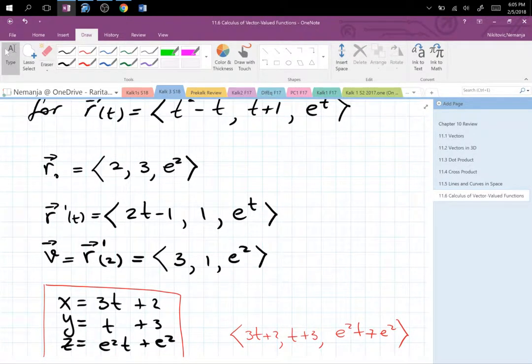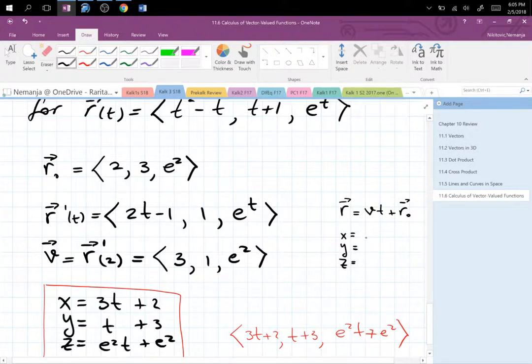So the vector formula for the line is r equals vt plus r0, right? So this would be your x, y, z, equals a, b, c times t, t, and t, and then plus x0, y0, z0, right?